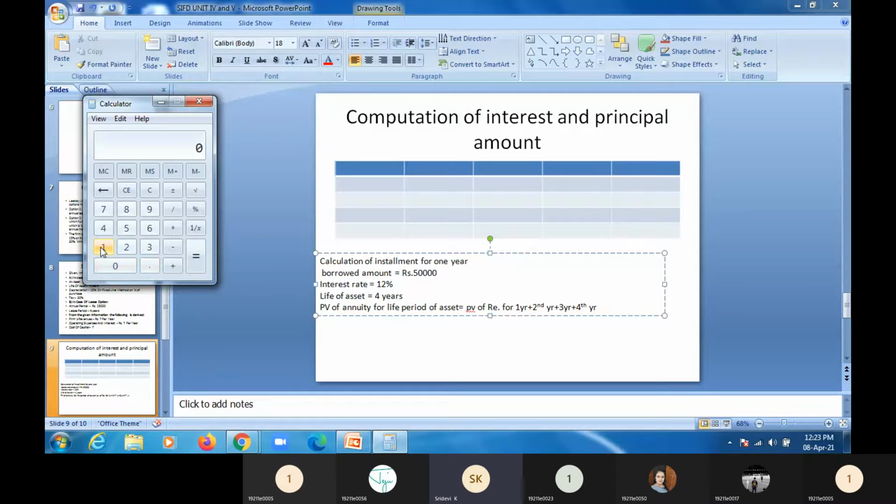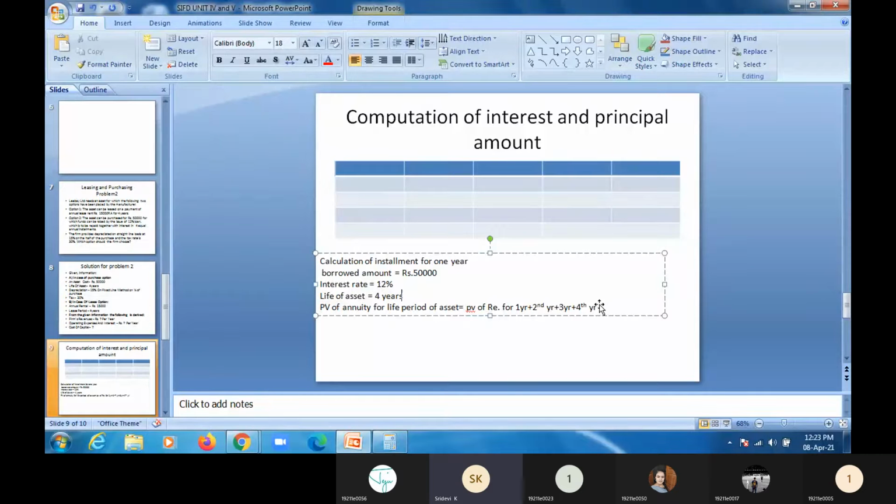So to calculate the present value of rupee 1, 1 divided by 1 plus R whole power n. That formula you calculate. For first year, how much it will be? 1 divided by 1 plus 0.12, no? So 1.12 it will be. 1 divided by 1.12. Take like this. Okay, so first year value is how much?